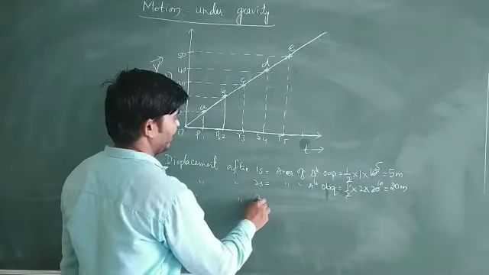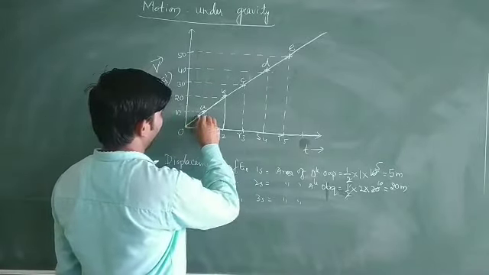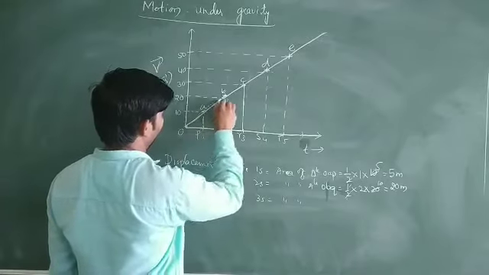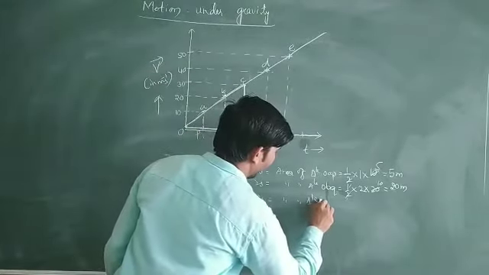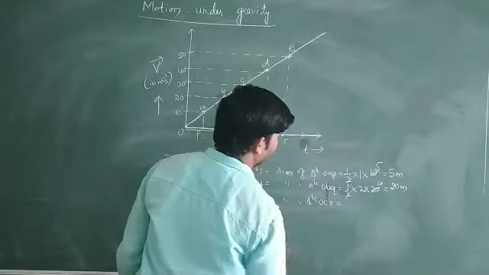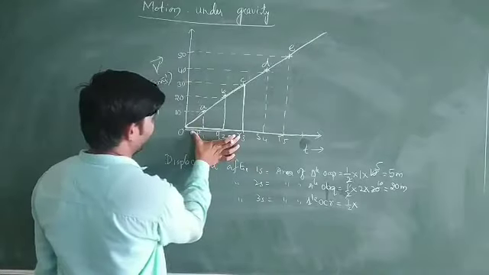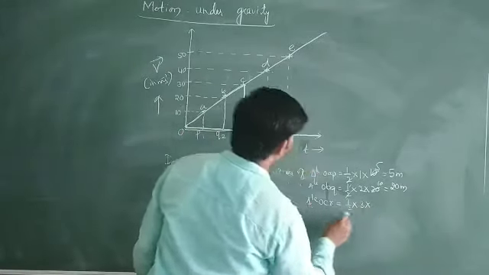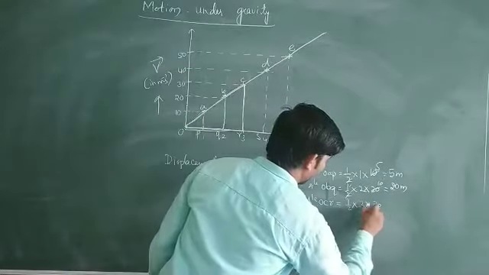Displacement after 3 seconds is the area of triangle OCR. Look at this triangle OCR. It is half into base, which is 3 seconds from here to here, into the height, which is equal to 30.